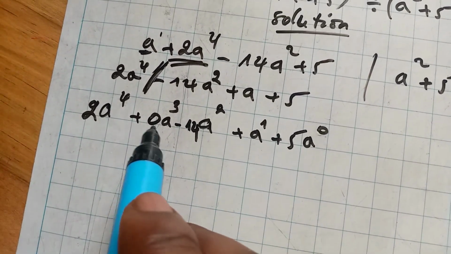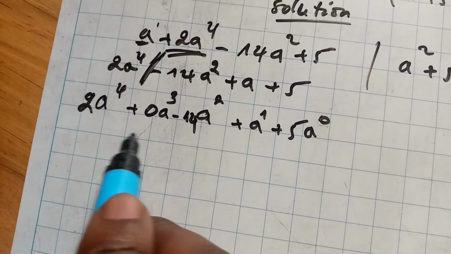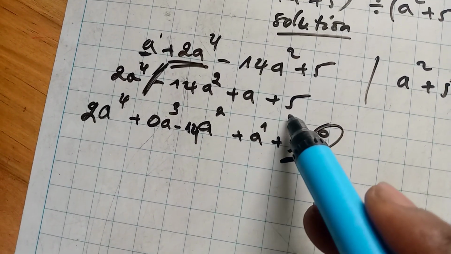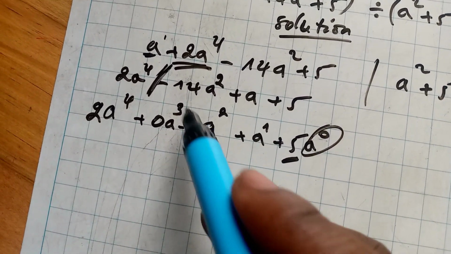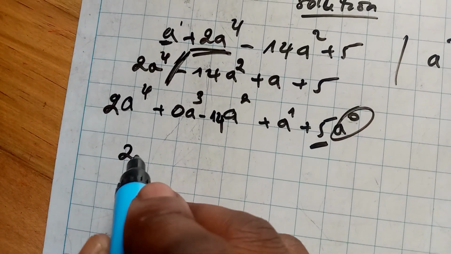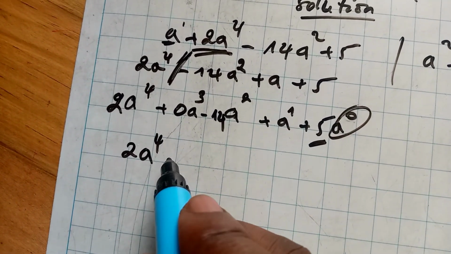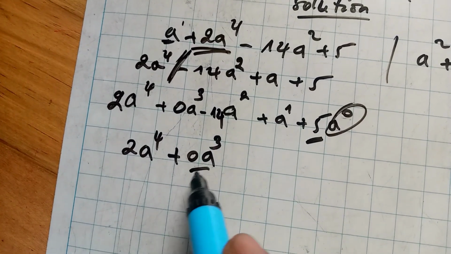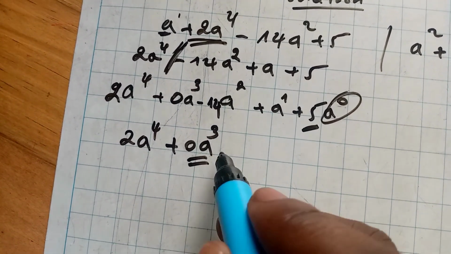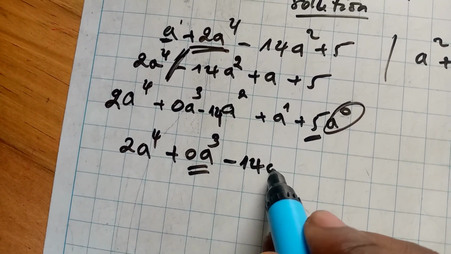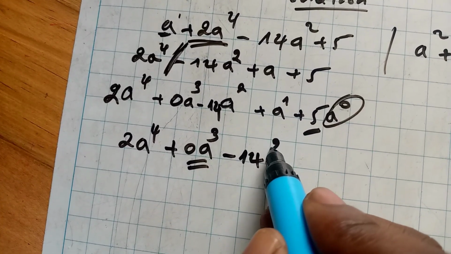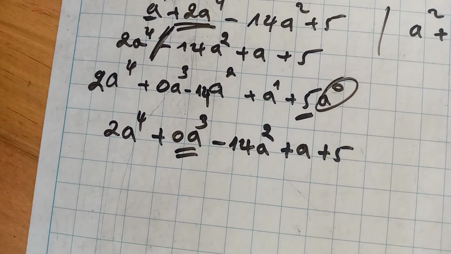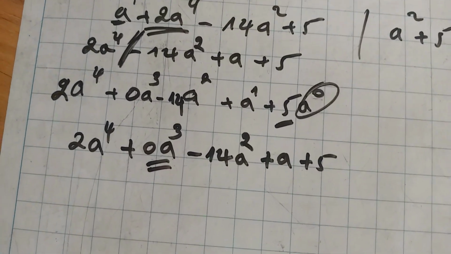Since this one has no written number, you remember that it is 1, that's why we write only 5. So we have 2a^4 plus 0a^3, the one we inserted here, then minus 14a^2 plus a, then plus 5, right?